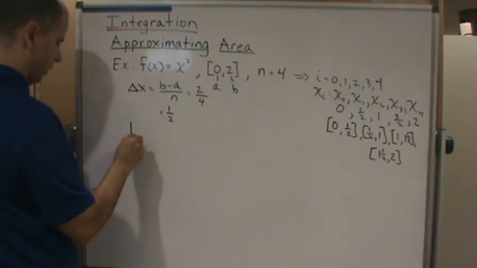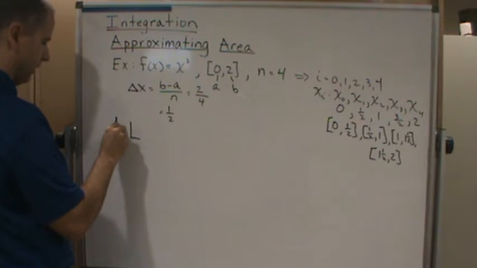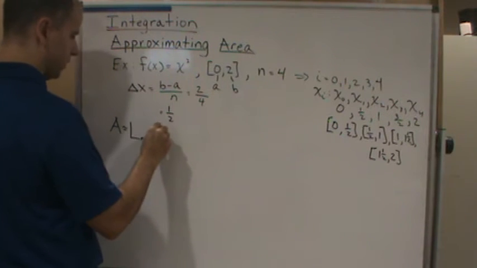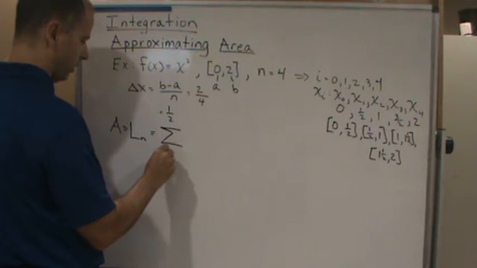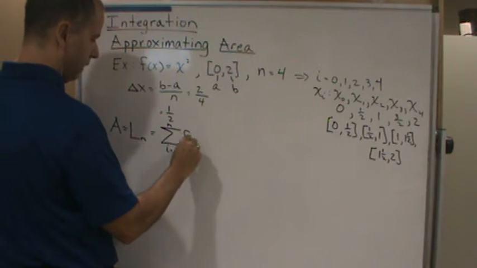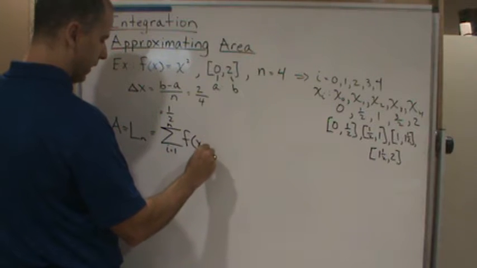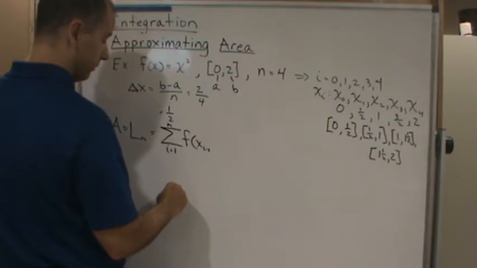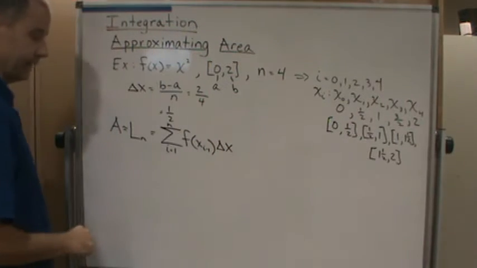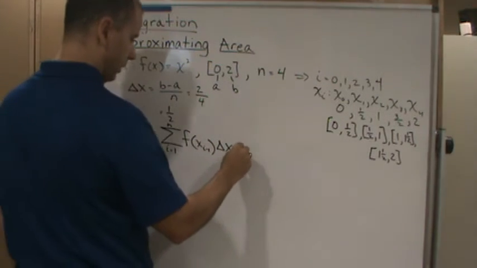So A is approximately equal to L sub n, which is equal to the summation for i equals 1 to n of f of x sub i minus 1 times delta x. That's the rule.